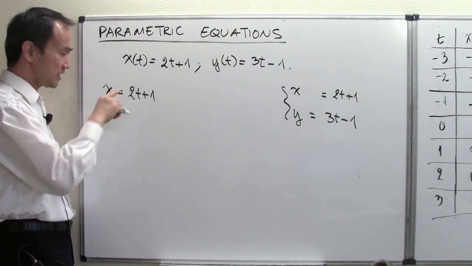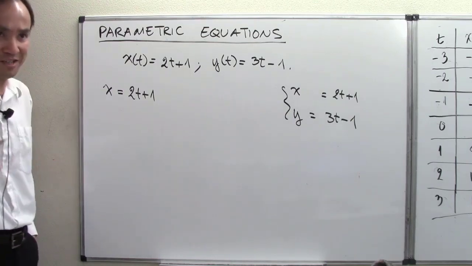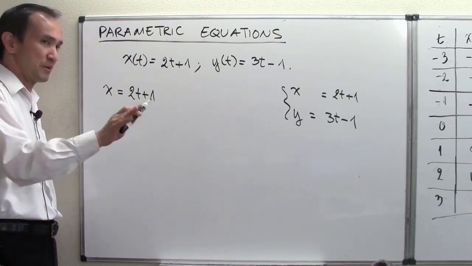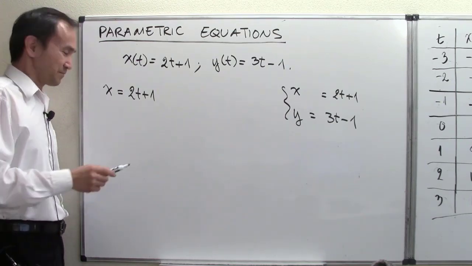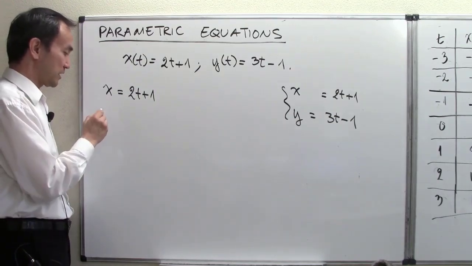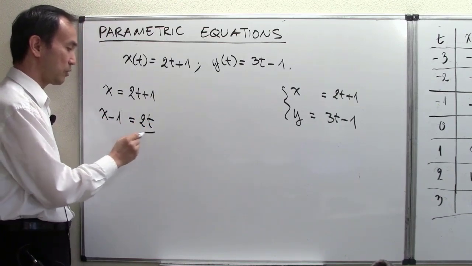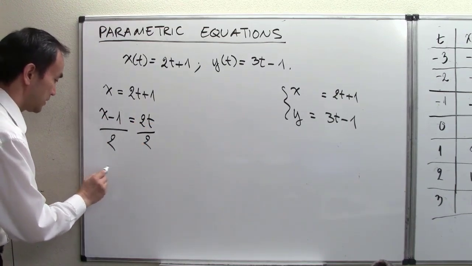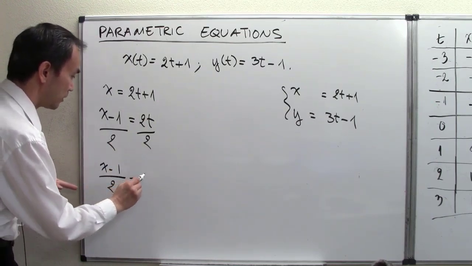Now, this lesson is supposedly after pre-calculus, so you're familiar enough with the algebraic manipulation of our work here. I'm going to subtract 1 from both sides, making it x minus 1 equals 2t, and then divide both sides by 2. That makes it (x minus 1) over 2 equals t.